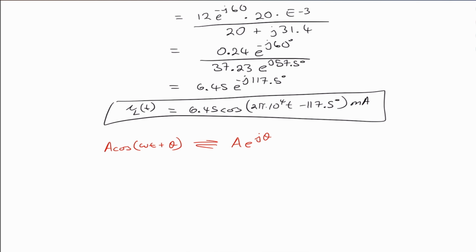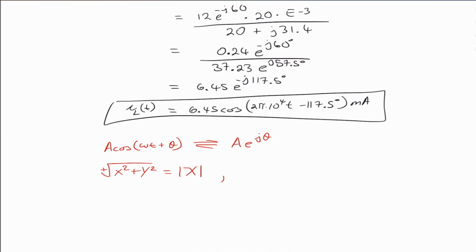And for our complex algebra properties that we use in the denominator, the positive square root of x squared plus y squared is equal to our magnitude, and if you want to use x or z, it doesn't matter.